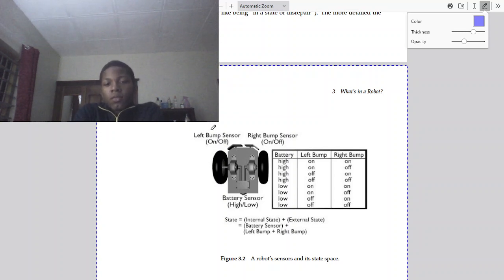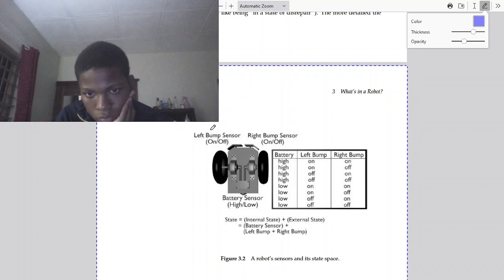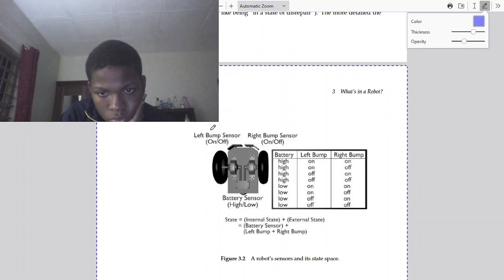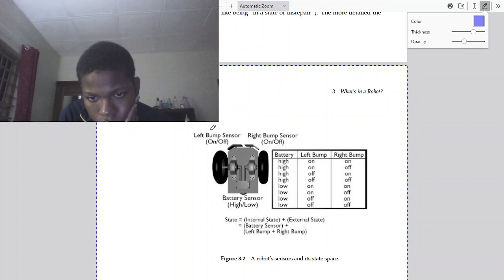Alright, let me read this. Alright, I can understand that. So it's eight different states, and the states are an addition of the internal state as well as the external state. To define the state, it has to be inclusive of the internal and external state.